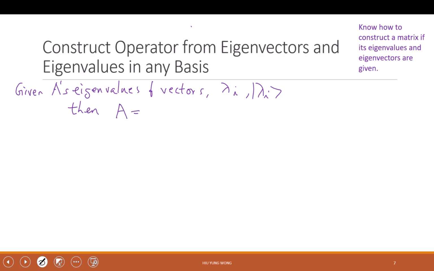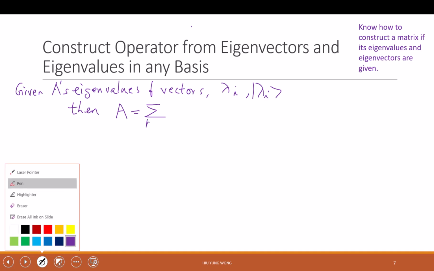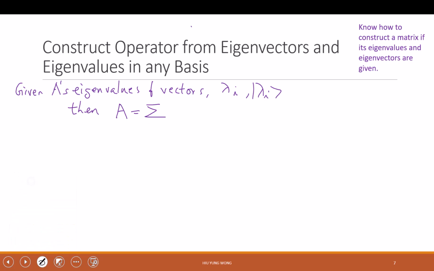A equals the summation, j equal to 0 to n minus 1, of lambda i, lambda i ket, lambda i bra. Very confusing. But at this stage, if you cool down, you should not be scared by this, right? Let's just do it slowly. What is A, a number, vector, or matrix?